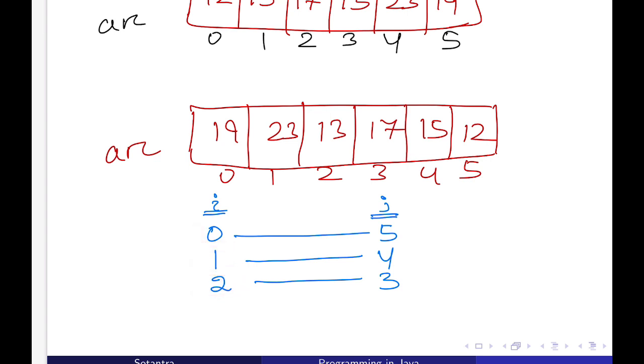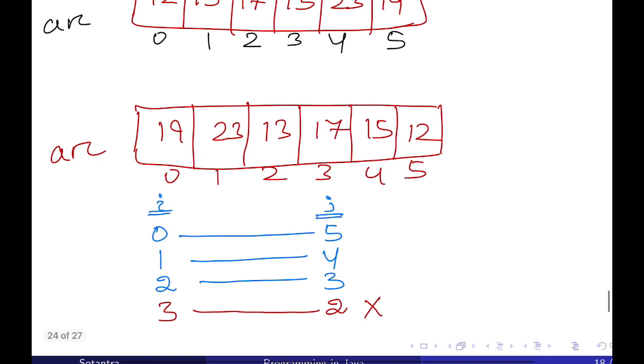Now after 2, the value of i becomes 3, and after 3, the value of j becomes 2. When the value of i becomes 3 and the value of j becomes 2, the swapping is not required.